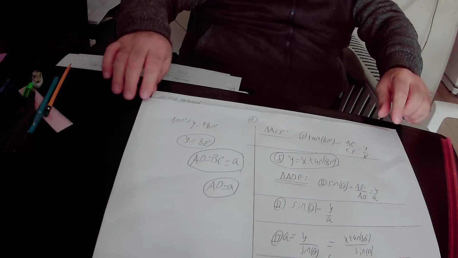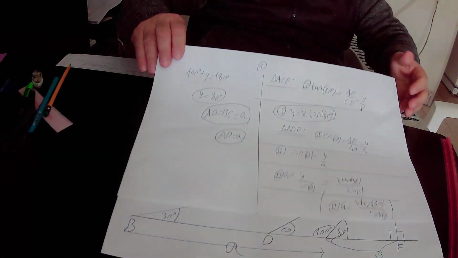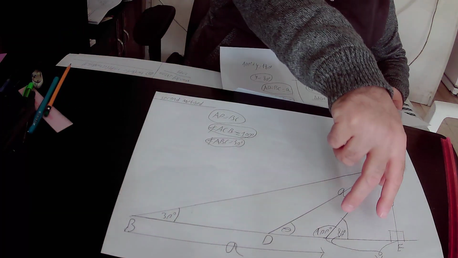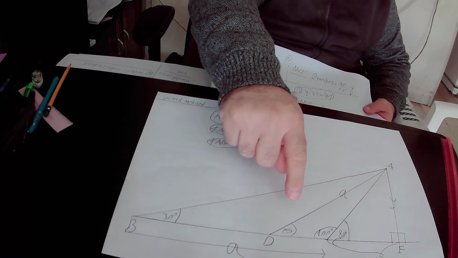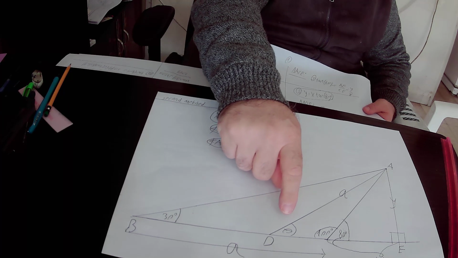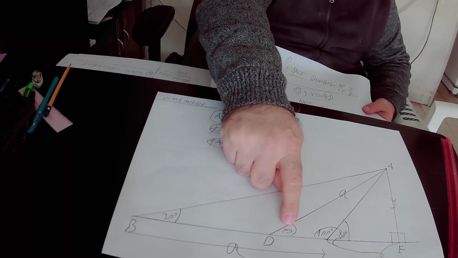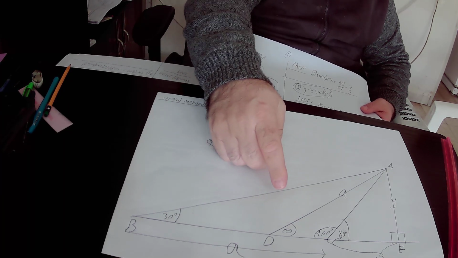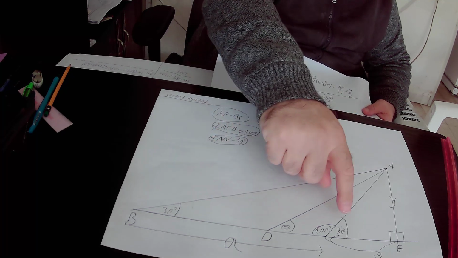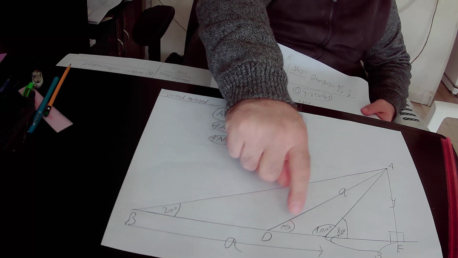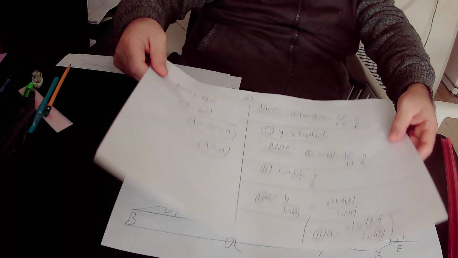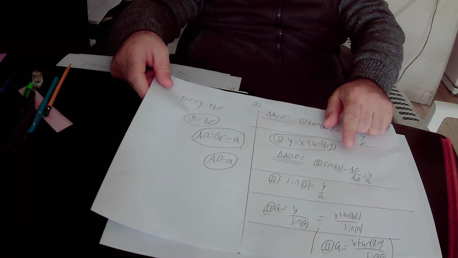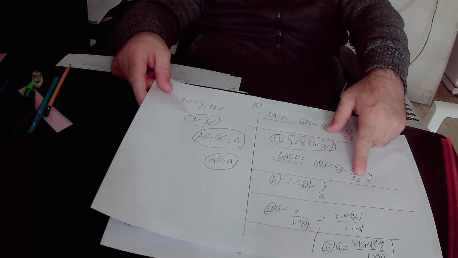Then we focus on the right triangle ADE. In this triangle ADE, we defined angle ADE, the angle that we are looking for, as angle theta. And we know that in the right triangle ADE, sine theta equals AE over AD.